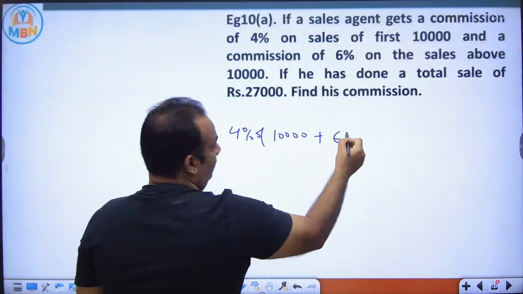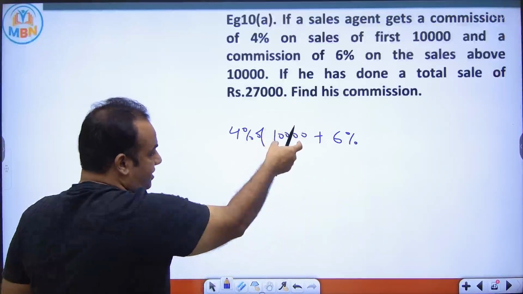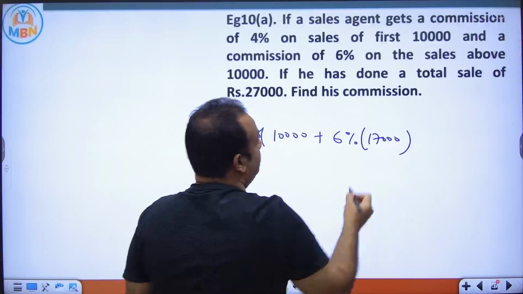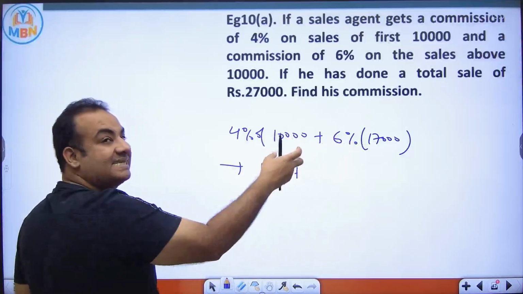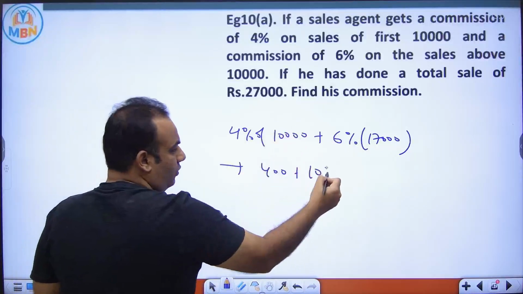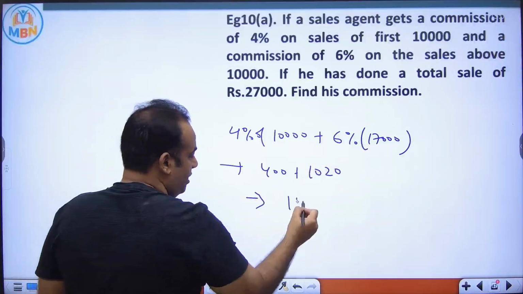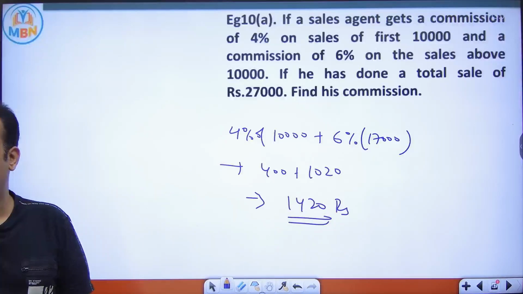On the rest amount, that is 17,000, because he has done a total sale of 27,000, he gets 6%. This is the total commission. Just solve this. This is 400 plus 17 times 6, which is 102. That's why we say tables are very important. So the total commission is 1420 rupees.